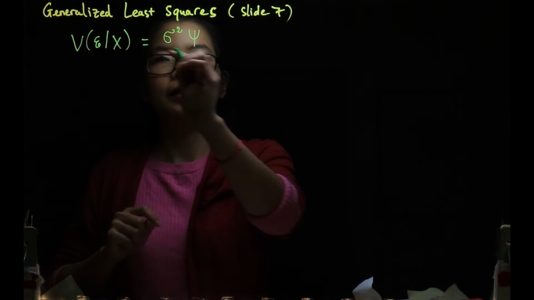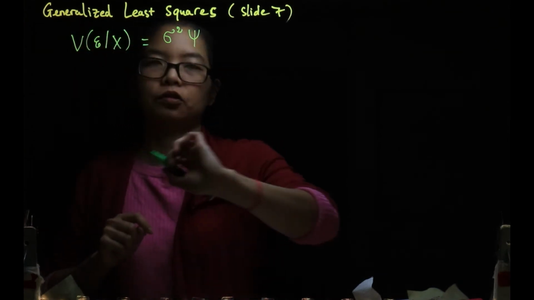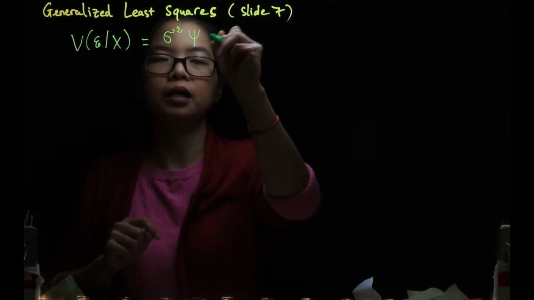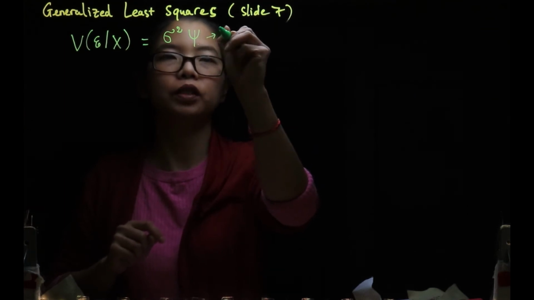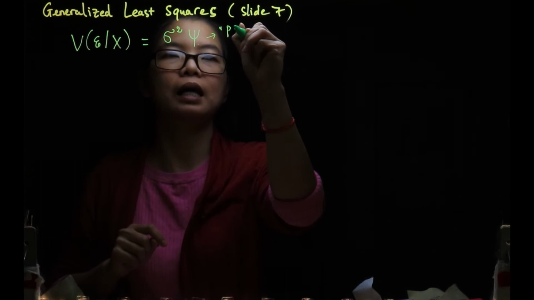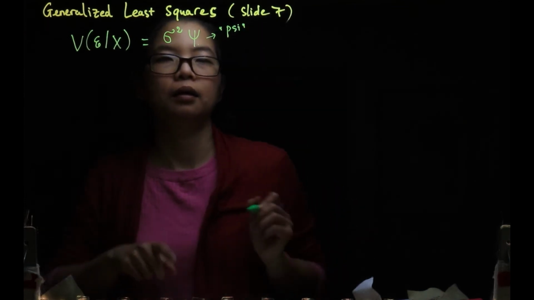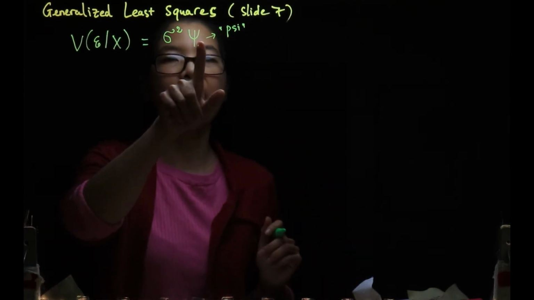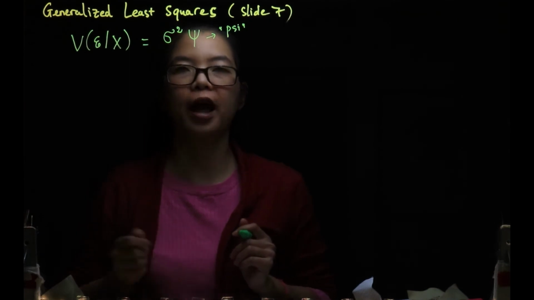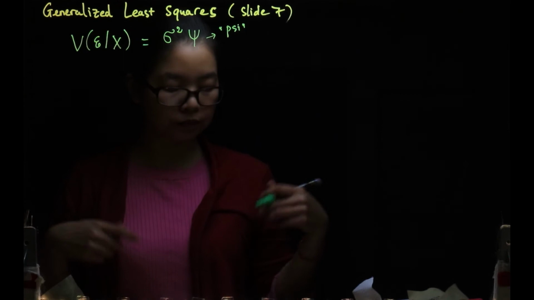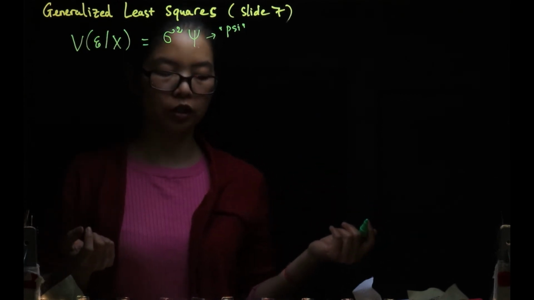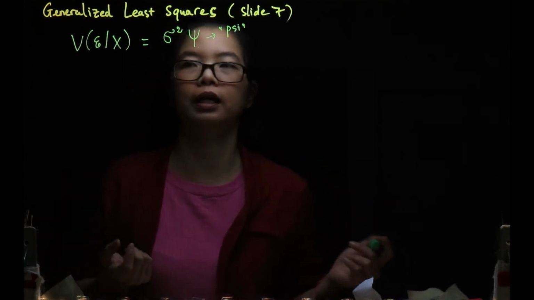The generalized term here, the matrix we write with the Greek letter psi, depends on how the structure or the elements inside psi look. We may have heteroscedasticity or autocorrelation.